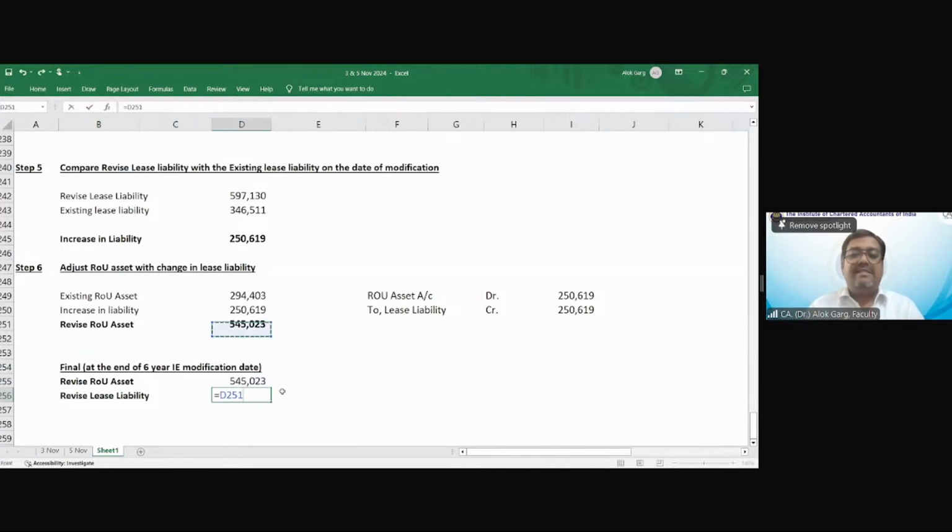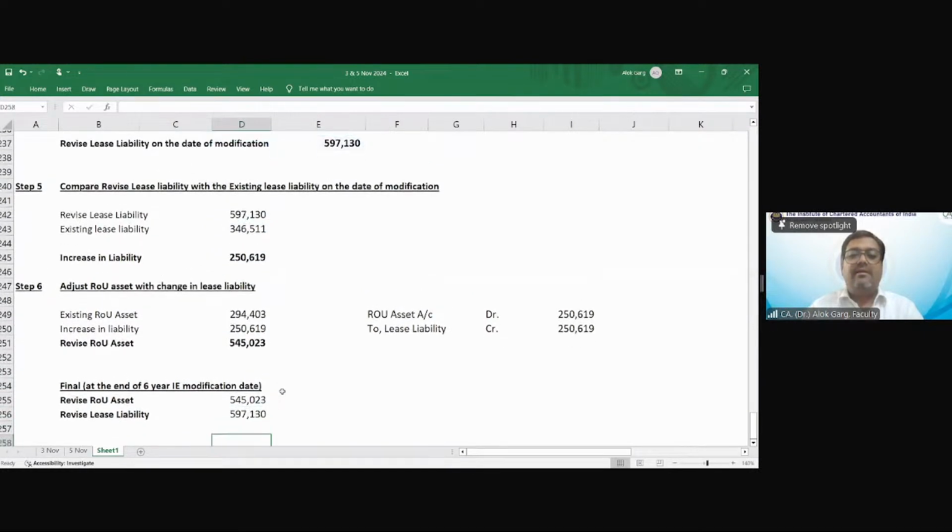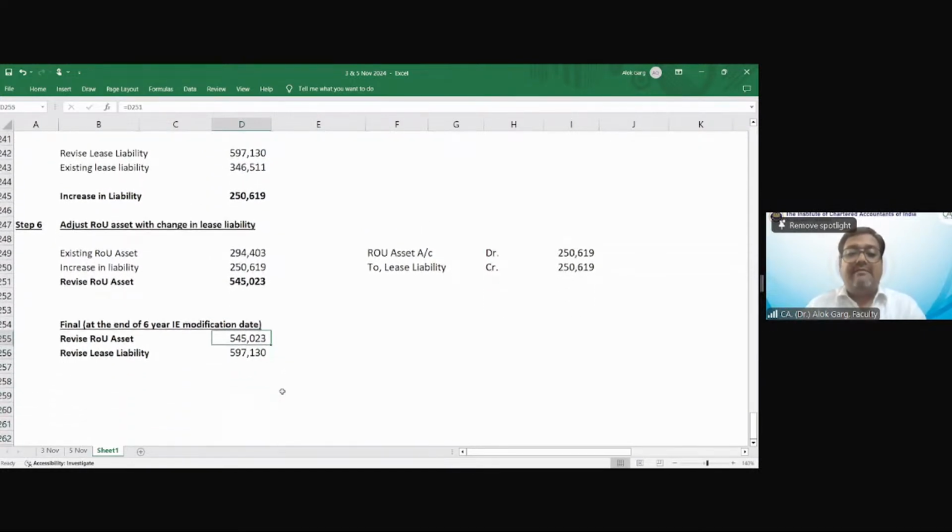What is my revised lease liability? 597, 130. So these are the values. Now this ROU asset has to be depreciated over the next 8 years. And what happens with the revised lease liability? Interest has to be charged, lease payment has to be made, and it will become 0.